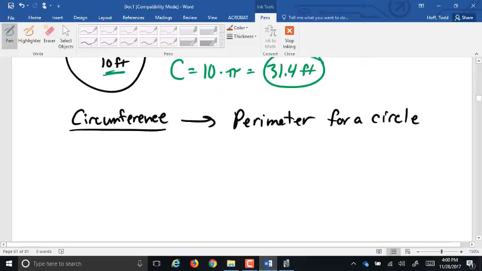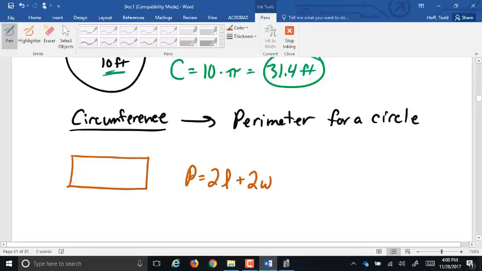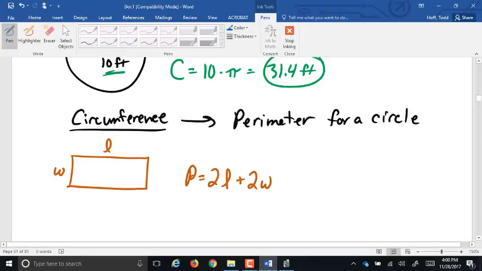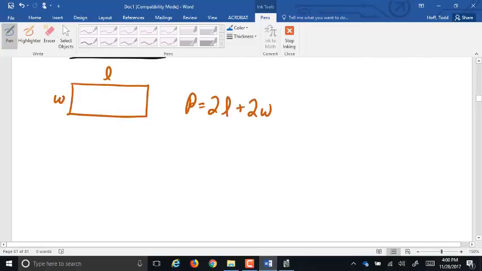For a rectangle, for instance, we came up with the formula: perimeter is equal to 2 times the length plus 2 times the width. You're probably getting a little tired of seeing that one by now. But for any other shape, the perimeter can be found by simply adding up the sides. For a simple triangle, I might have sides A, B, and C. The perimeter is just A plus B plus C.